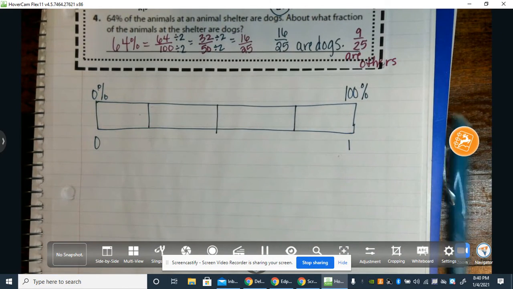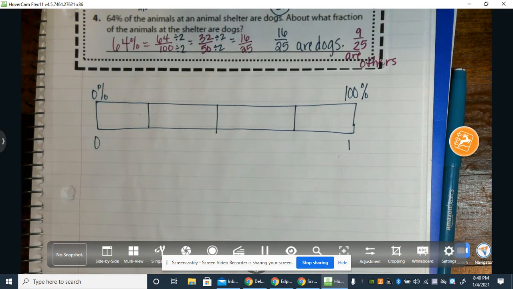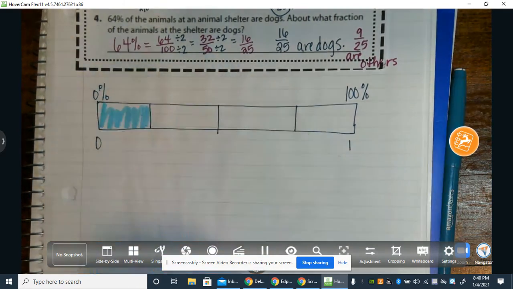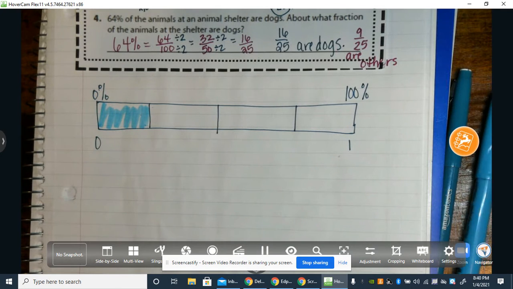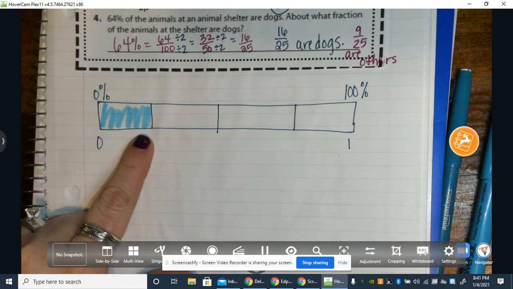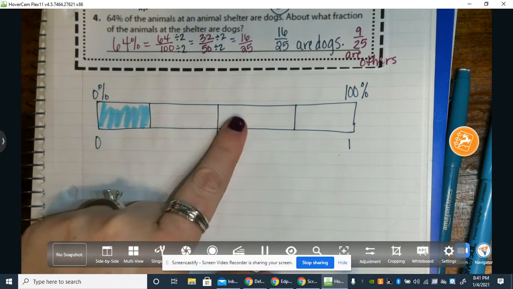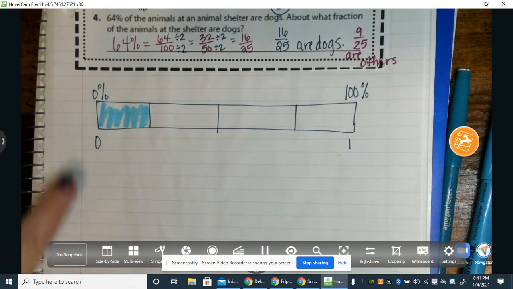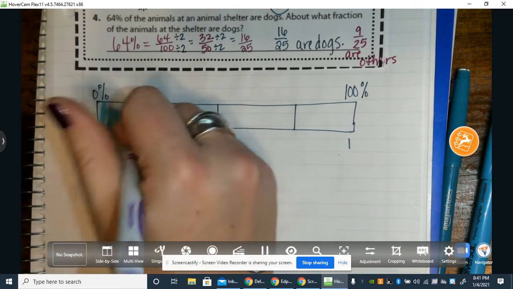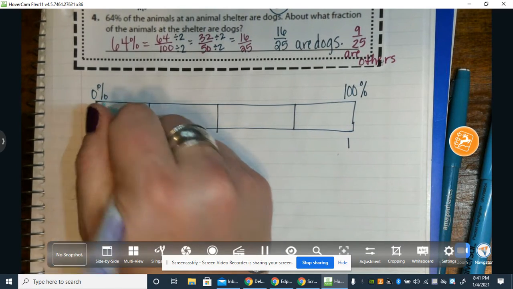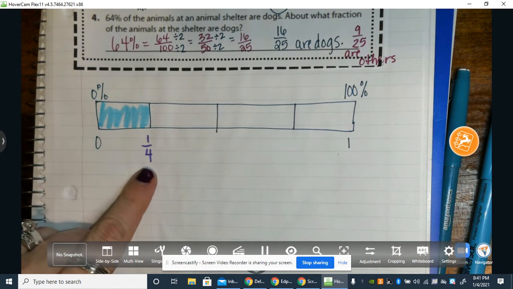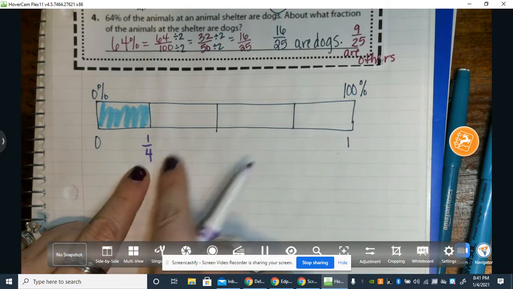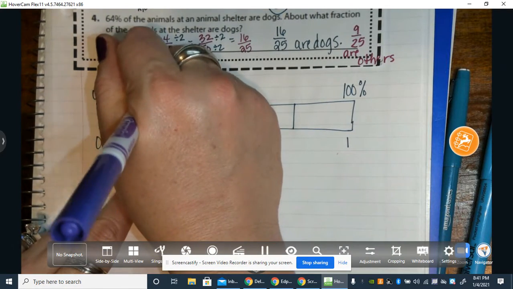Then I'm coloring one box. I have 1, 2, 3, 4 pieces, and one of those pieces is colored in, so this would be 1/4. And 1/4 of 100 would be 25%.